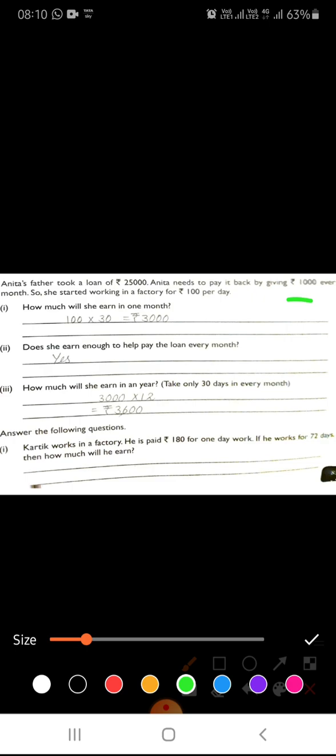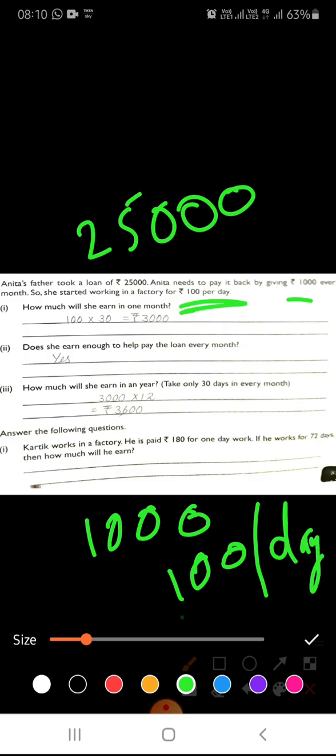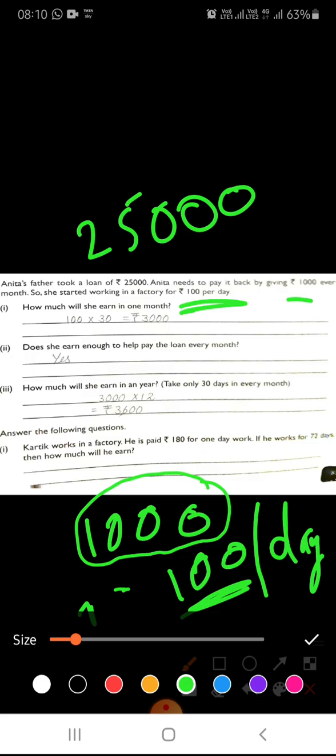She started working in a factory for 100 per day. When she started working in this factory, she earns only 100 rupees per day. For one day she gets only 100 rupees, and she has to pay 3,000 rupees in a month.